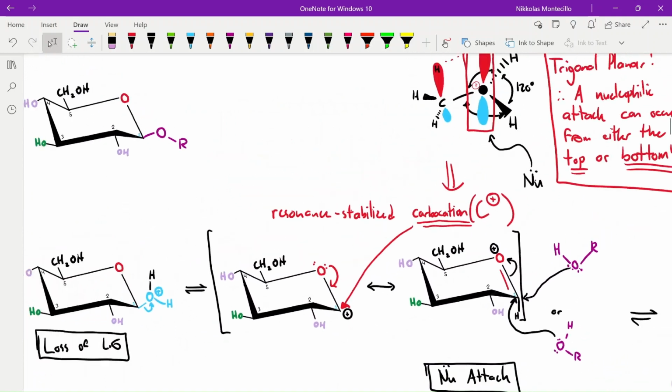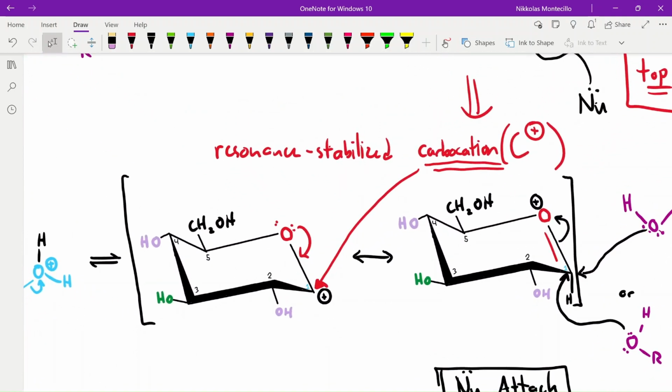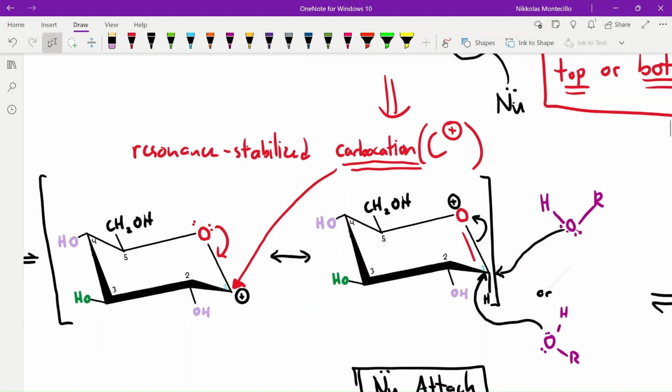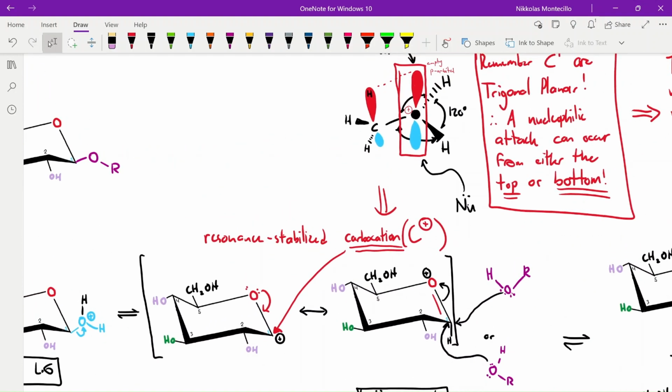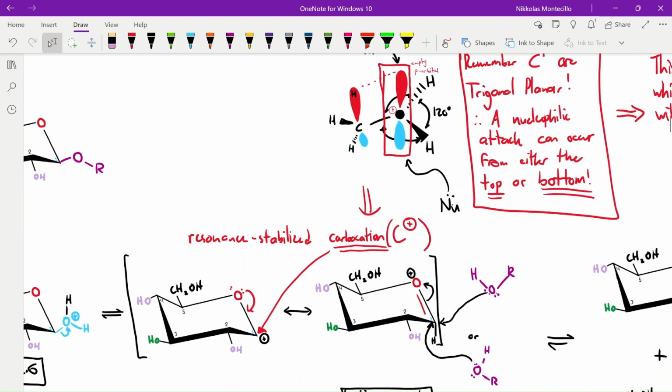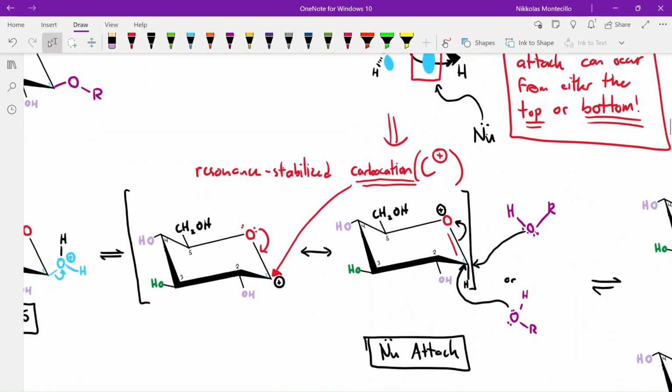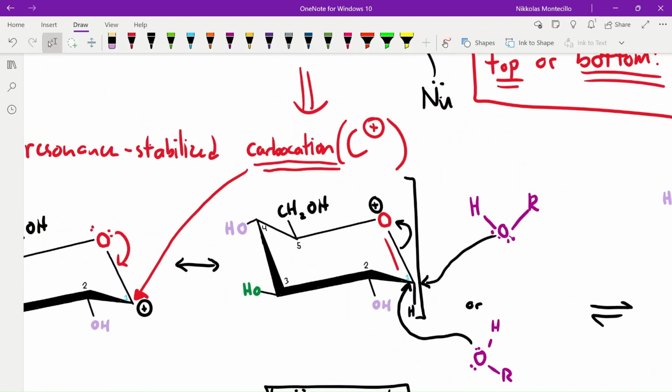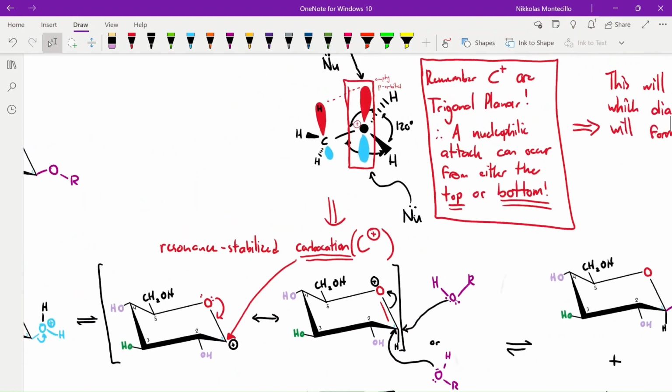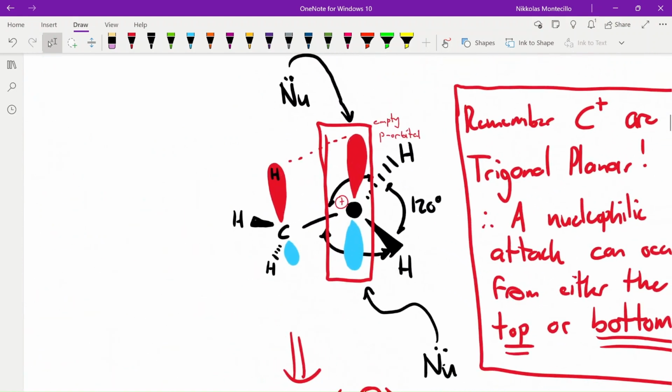So what we're left with is the formation of a resonance stabilized carbocation, and we'll see that there is a nucleophilic attack on the anomeric carbon, which can come from the top or from the bottom, as I show here in this schematic.